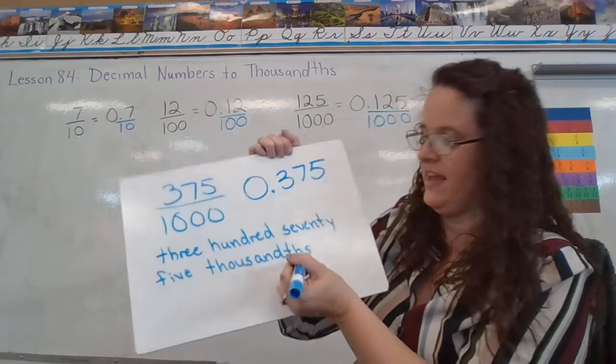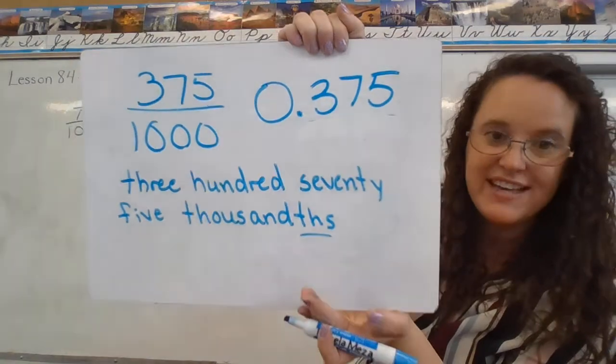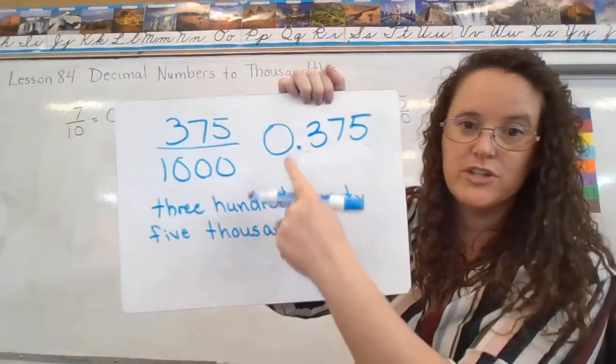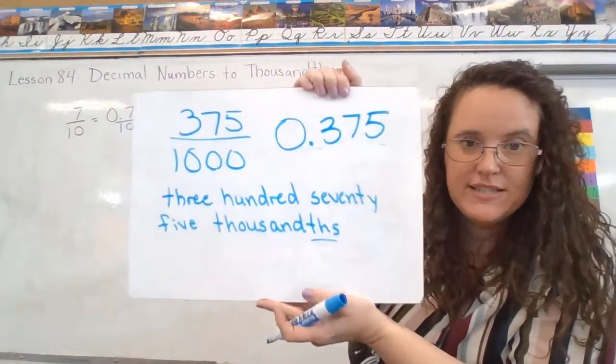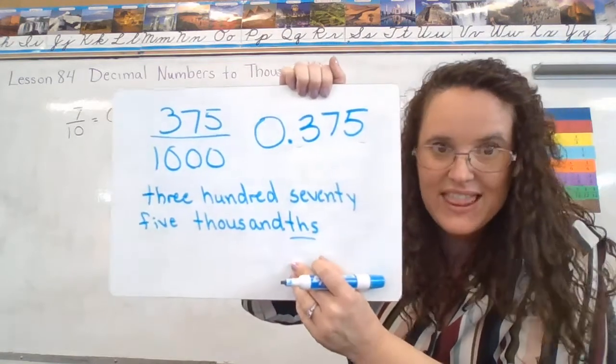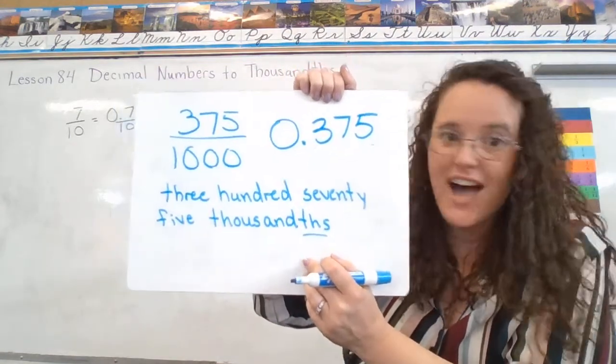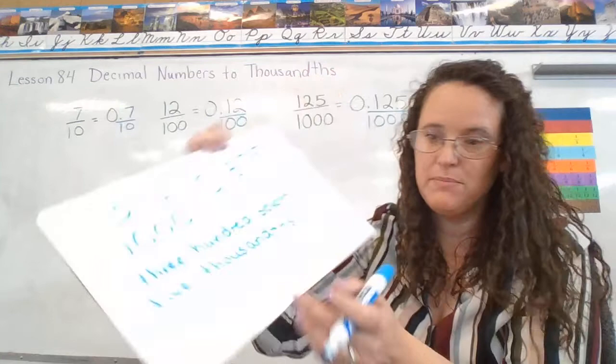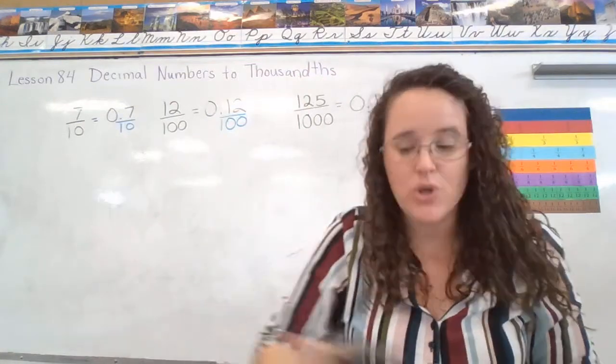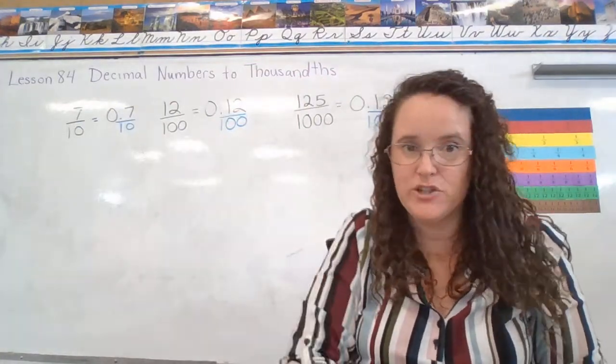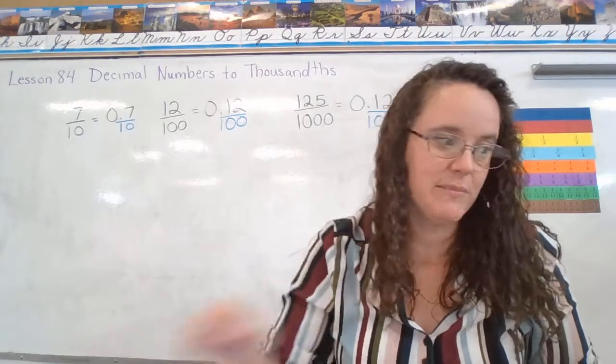And don't forget your THS to show that we're talking about a number smaller than 0 in the thousandths place, not in the thousands place. It sounds so similar, but there's a major difference in the value of those numbers.